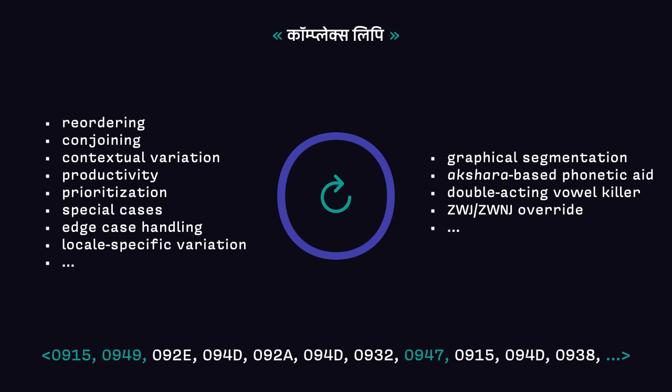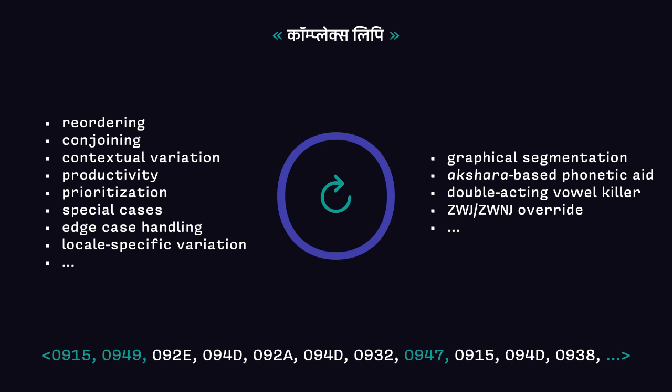Complex scripts are scripts that are not directly encoded and shaped, so it takes so much effort to encode and shape them consistently. Even starting from encoding, on the right side, you see the so-called graphical segmentation is more or less what simple, non-complex scripts have to deal with.